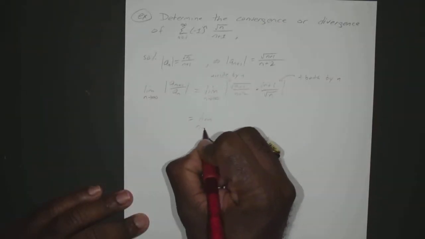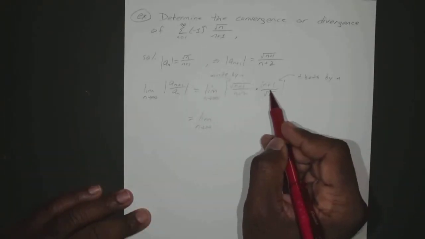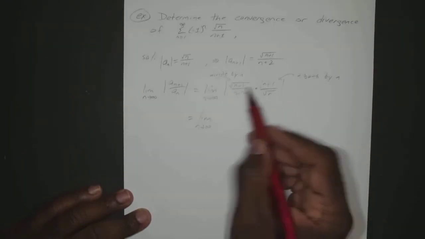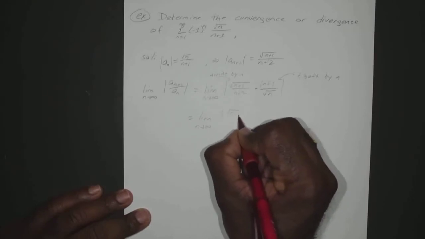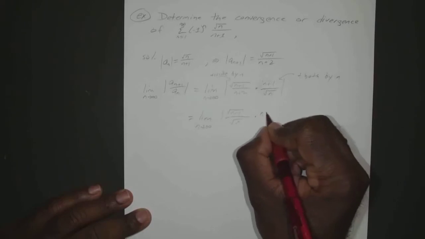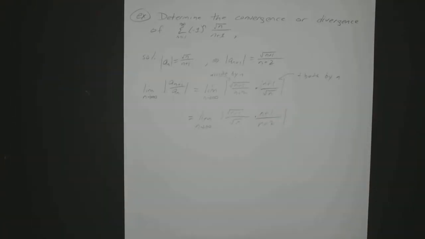So we have the limit as n approaches infinity. And if we divide this by, let's say, square root of n, we can actually just flip those around. So you have square root of n plus 1 over square root of n. It'll be a little more visually appealing.